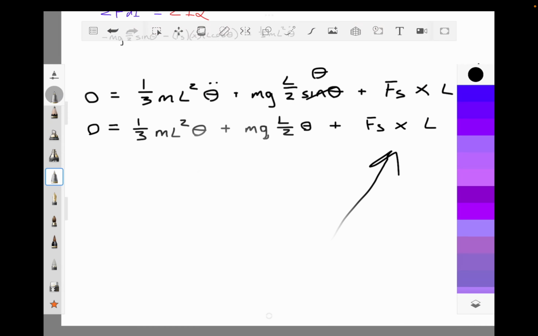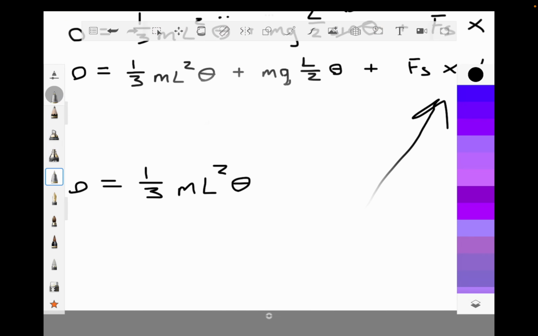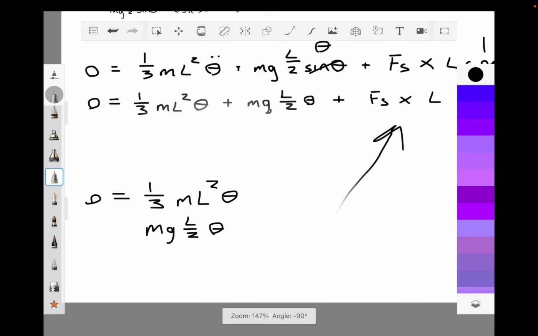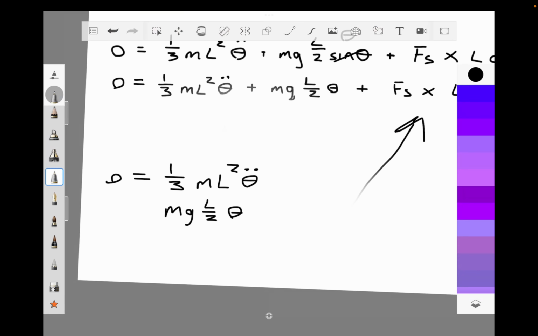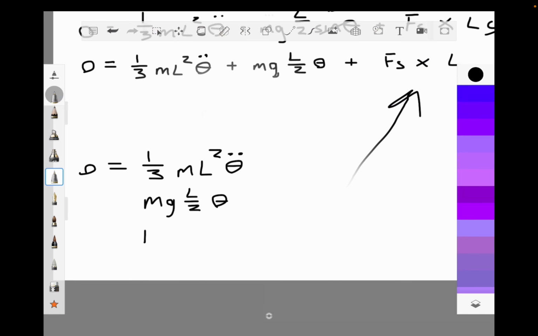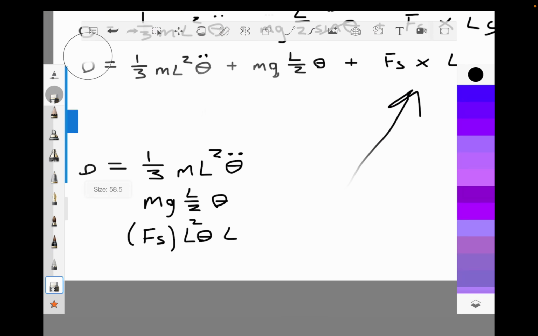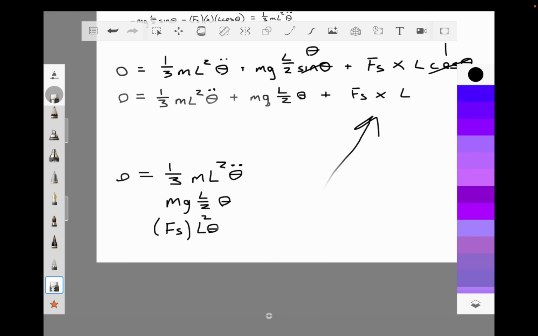So it's going to be 0 equals 1/3 ml squared theta double dot, plus mg L over 2 theta, plus fs, x equals r times theta, L times theta, L theta times L, or just L squared times theta.